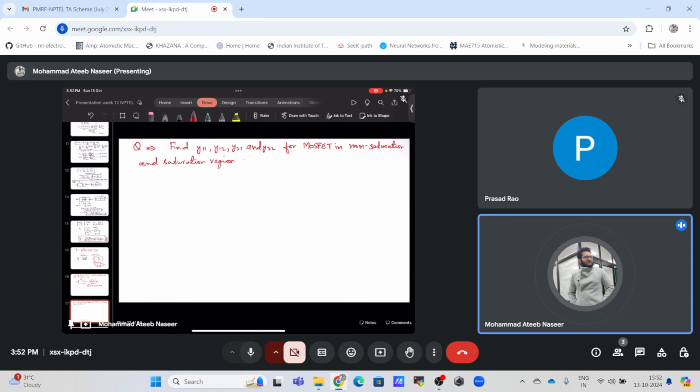Okay, so let's write down the equation for the ID. ID is the drain current. It is simply mu times Cox W over L times (VGS minus VTH) times VDS minus half of VDS squared.